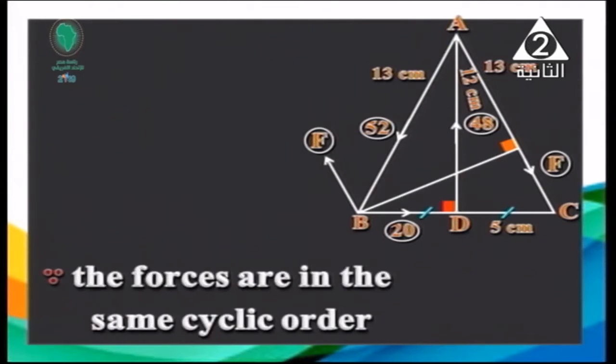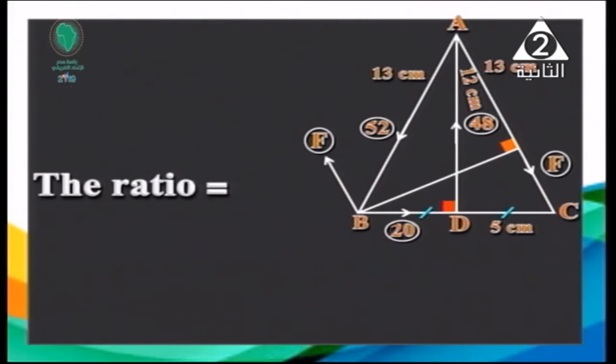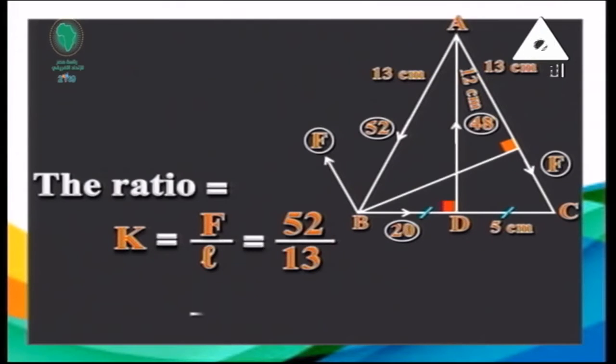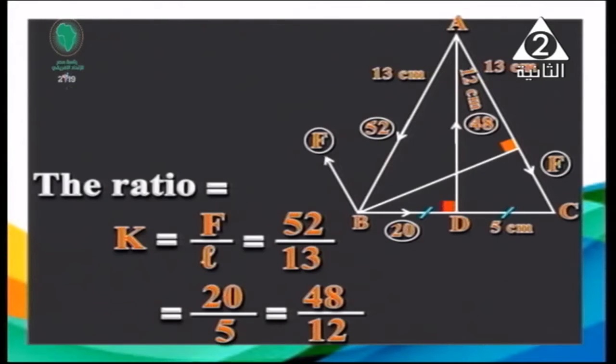Since the forces are in the same cyclic order, 52 in direction AB, 20 Newton in direction BC, also F in direction CA. Therefore, the ratio F over L: 52 over 13, 20 over 5, 48 over 12 equals what?